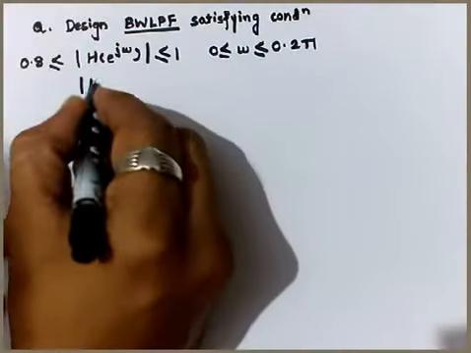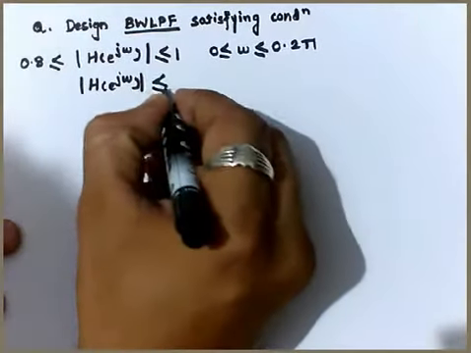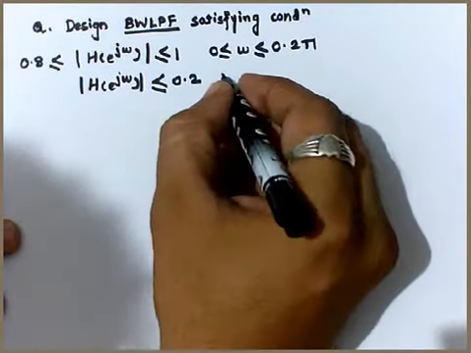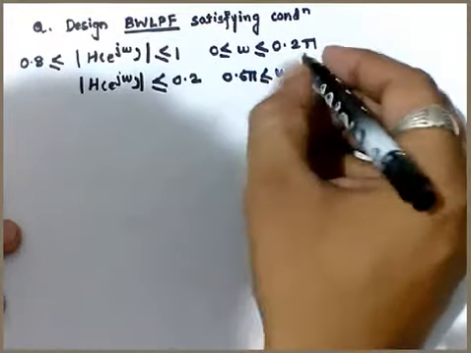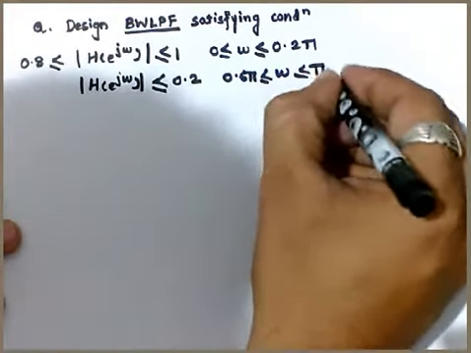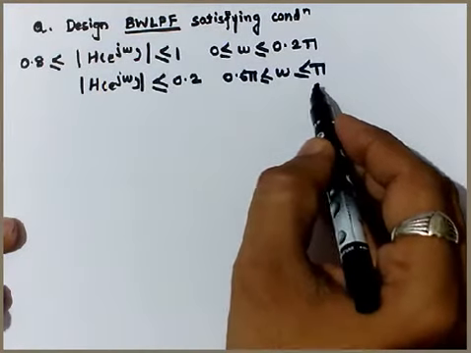Now for the second case, H of e raised to j omega is less than or equal to 0.2, for 0.6 pi less than or equal to omega less than or equal to pi. So the overall range for omega is from 0 to pi, that is what we expect.